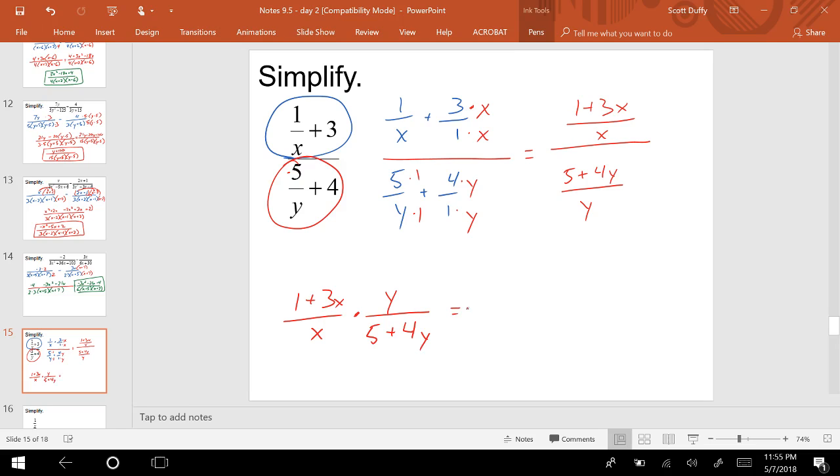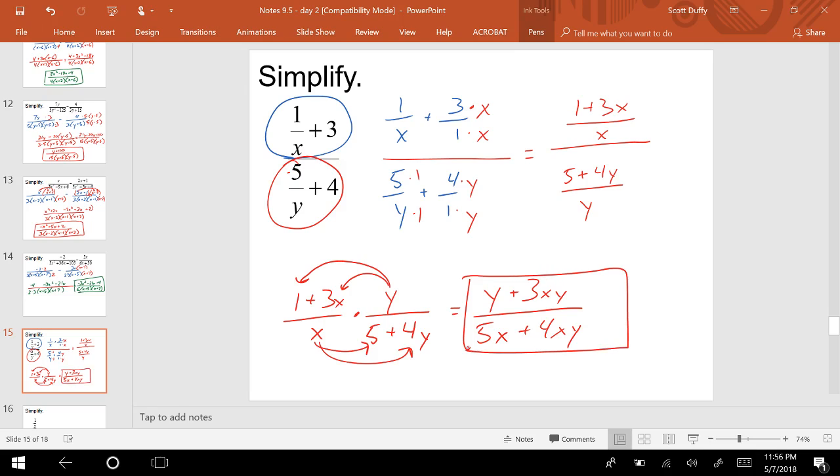From there, if you want to simplify it a little bit more, you can take the y, multiply it by both the 1 and by the 3x. And then do the same thing with the x. Multiply it by the 5 and by the 4y. And that would be your final answer.